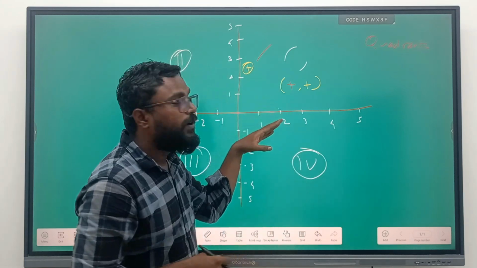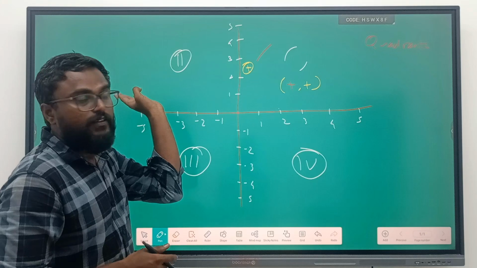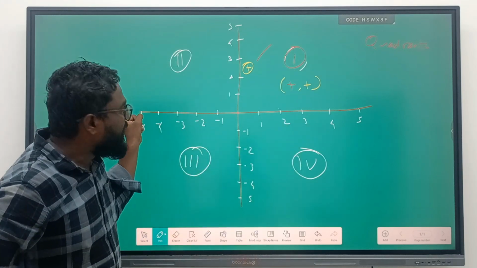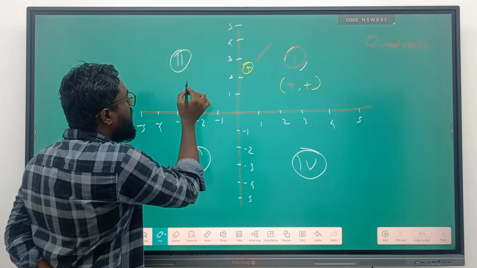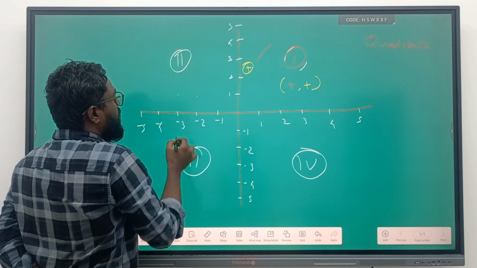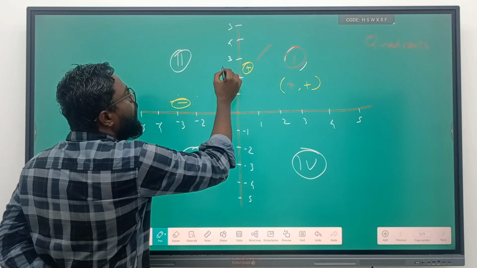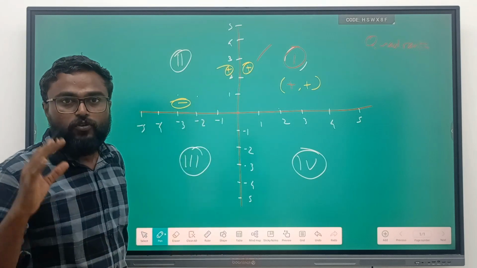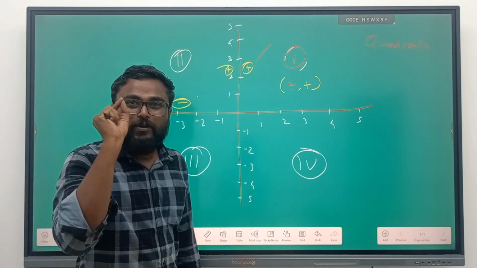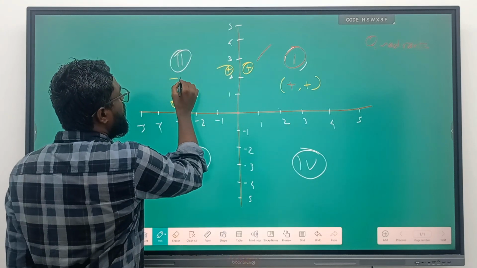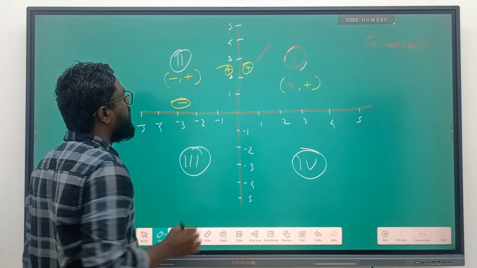Now, if we move on to the second quadrant, so I'll just mention number 1 over here. If we go on to the second quadrant, and if we see any point that we take, it's going to have a negative x value and a positive y value. So any coordinate point in the second quadrant is going to have the value of negative comma positive.